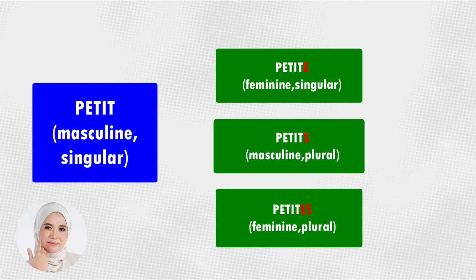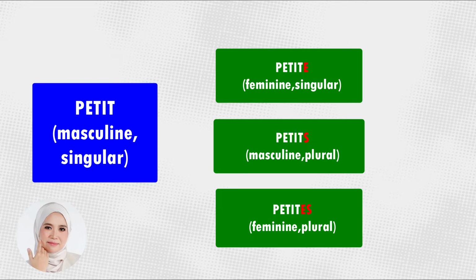When I add the letter E, it becomes feminine singular. When I add the letter S, it is still masculine, but now in plural form. And finally, when I add the letters ES, it becomes feminine and plural.